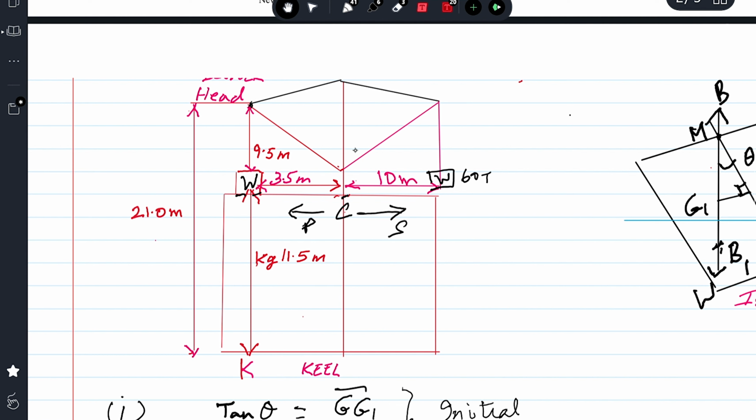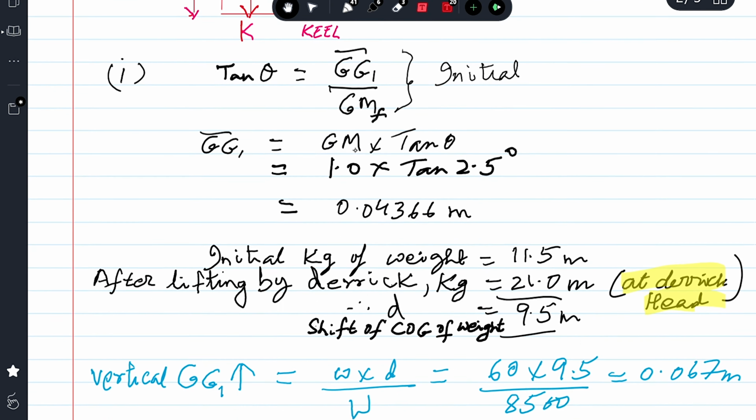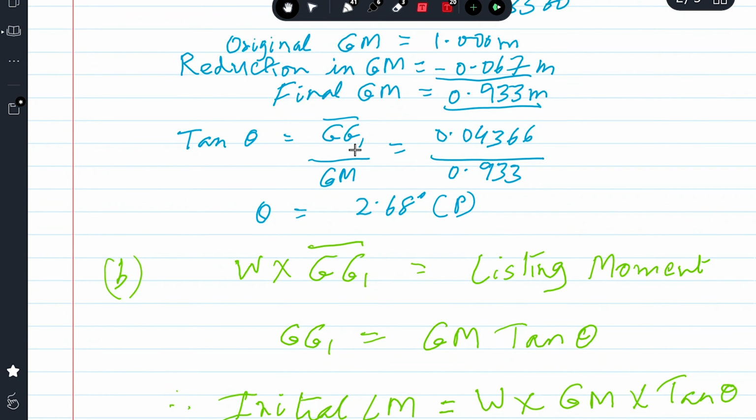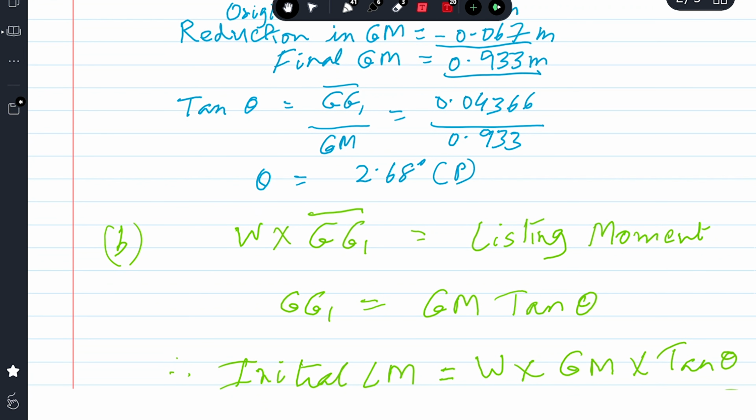13.5 meter is the shift of the cargo. So now our transverse shift of the ship's center of gravity, GG1, will change because the cargo has moved transversely.